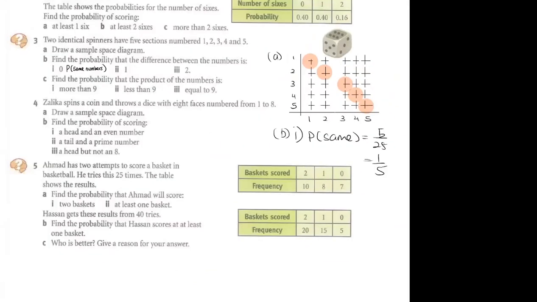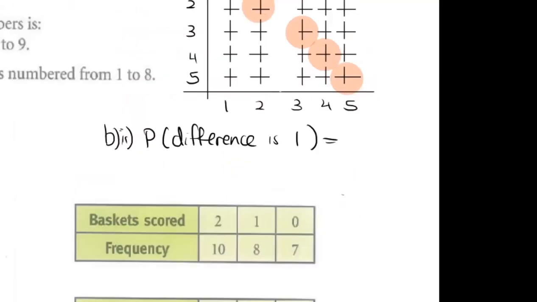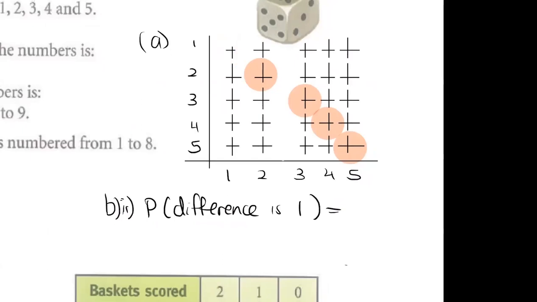Now, they ask you probability the difference is 1. So now you need to find the probability that the difference is 1. Difference means when you minus, the answer is 1. So you need to find numbers that are one larger than another.